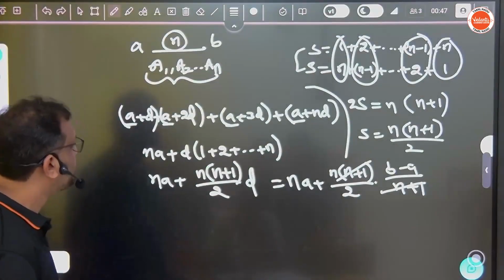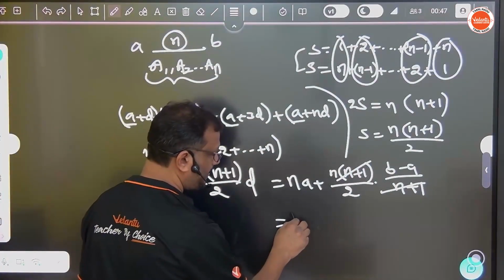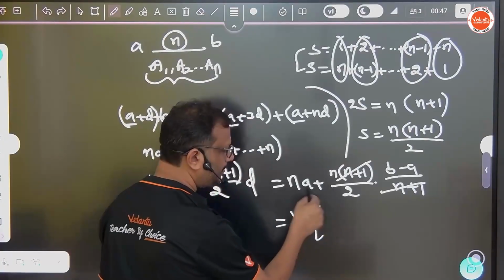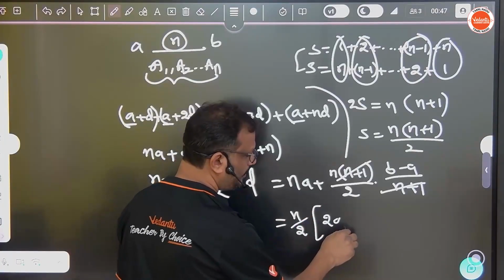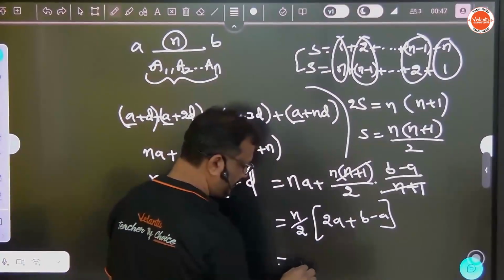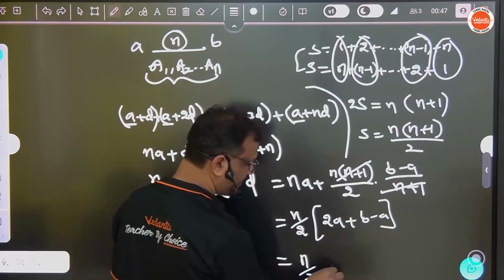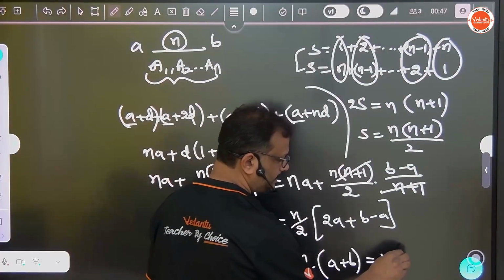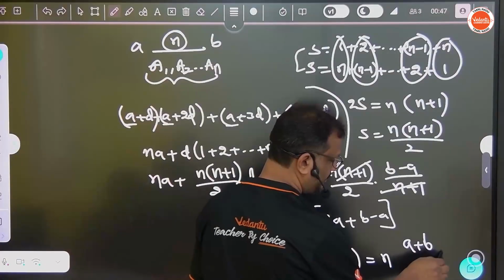So just take n plus 1 now. So taking n by 2 common, then you will get 2a here, right? 2a plus b minus a. So therefore, n by 2 times of a plus b. Can we write this one as n times of a plus b by 2?